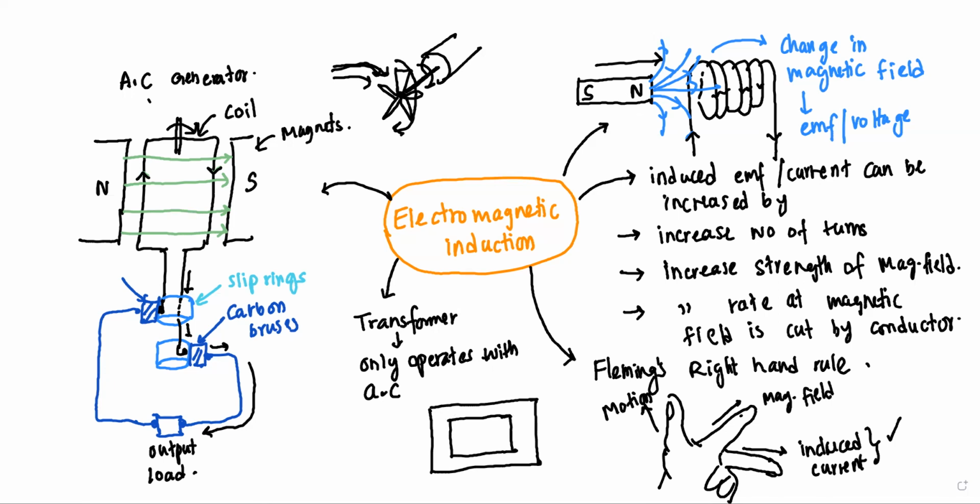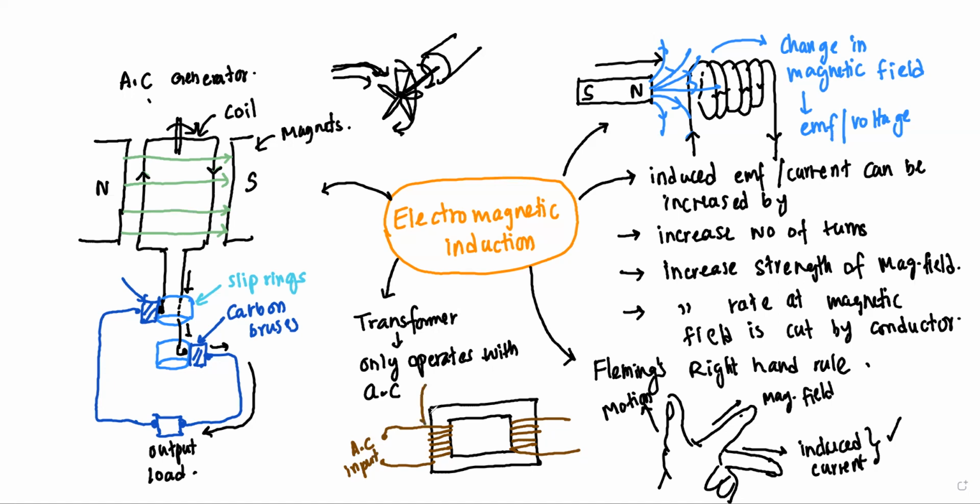So the transformer has two coils. We call them the primary coil and the secondary coil, like this. The primary coil is connected to the alternating current input.